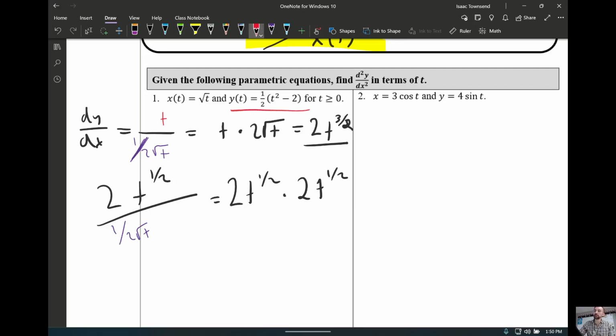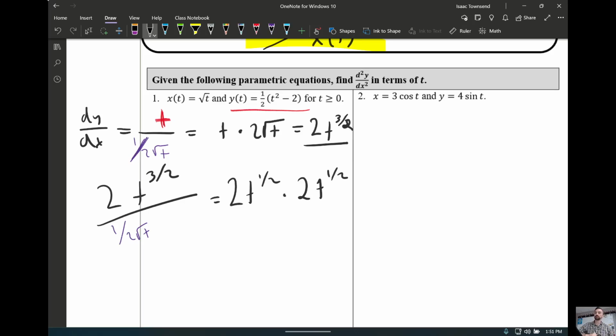Okay, let me backtrack because I don't see. Bring the power down, lower the power by 1. Everybody agrees with this being t. Yeah. Okay, derivative of this, 1 over 2 square root of t. Everybody agrees with that? Yeah. Okay, this divided by this is the same thing as this times the reciprocal. So we all agree with that. Yeah. 2t to the 3/2. Yeah. Oh, that's t to the 1/2.